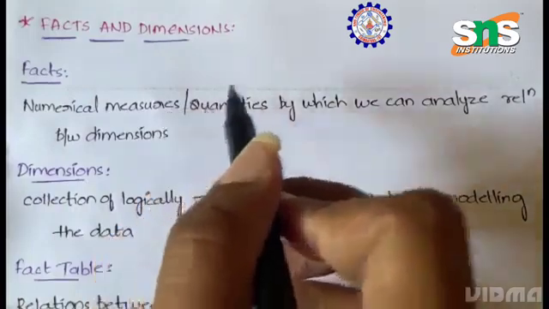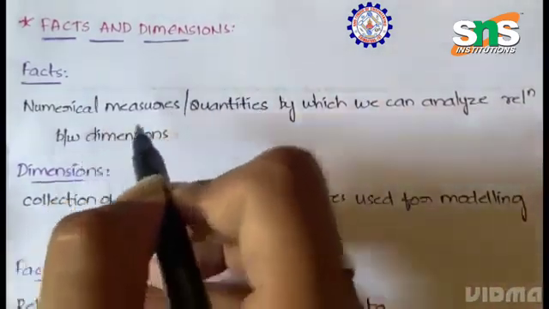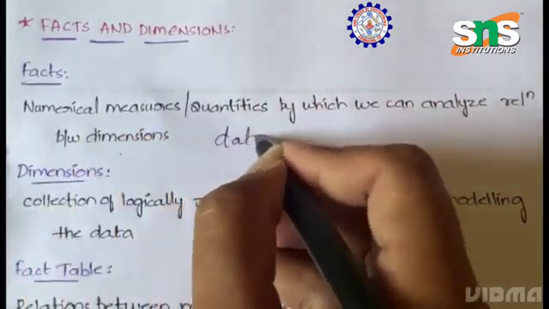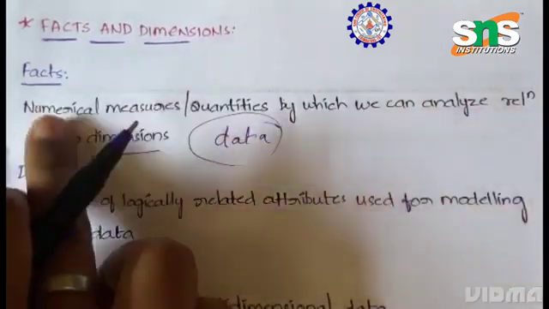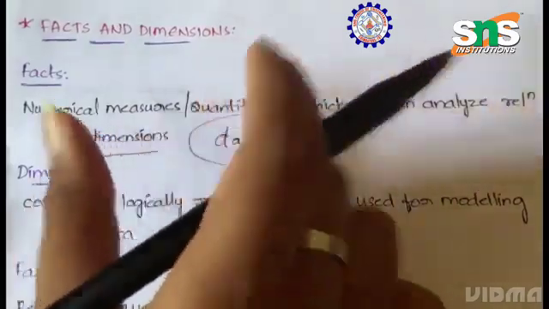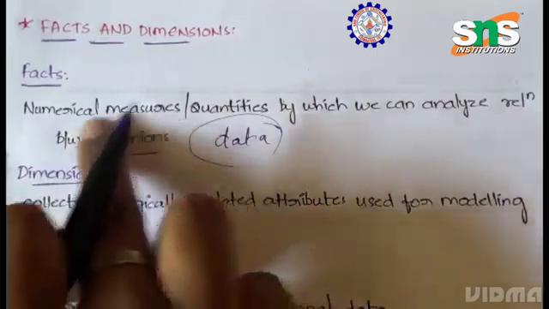Numerical measures or quantities by which we can analyze the relationship between the dimensions. Whatever data we have in our data warehouse, the data has dimensions, right? So facts are nothing but the numerical measures or quantities, the numerical values, through which we can analyze the relationship between the dimensions.